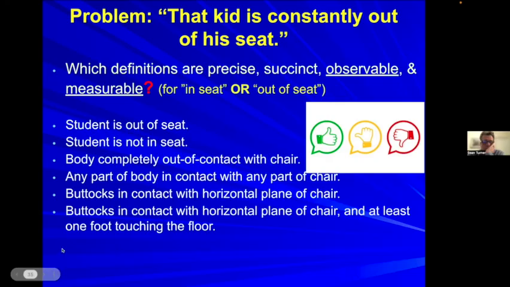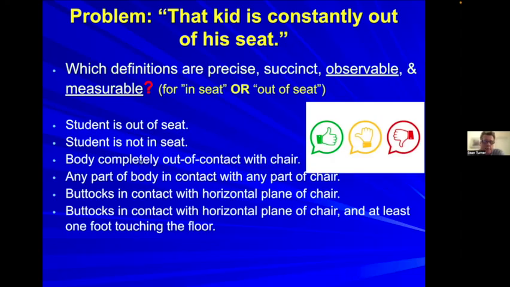So what was in seat? Well, the definition of what we meant by in seat changed from week to week. Yeah, I agree. So the four below are more appropriate if your problem is the kid is constantly out of his seat.